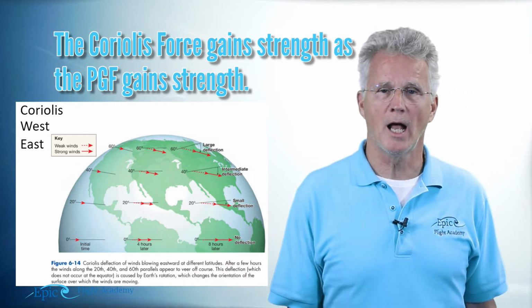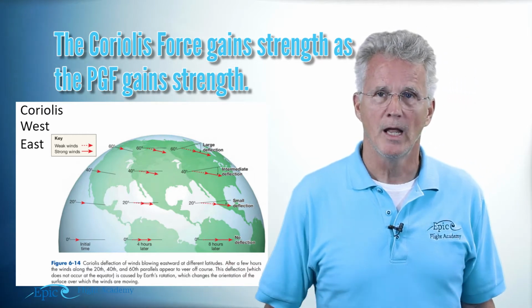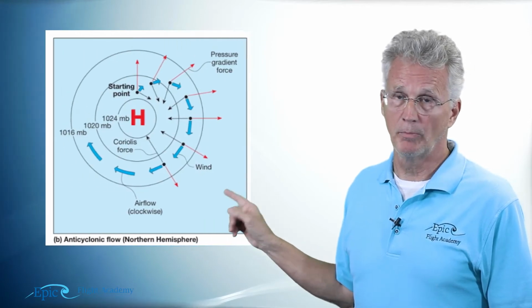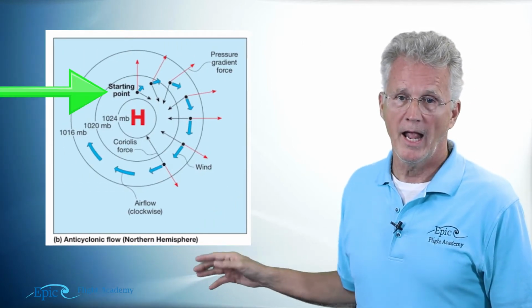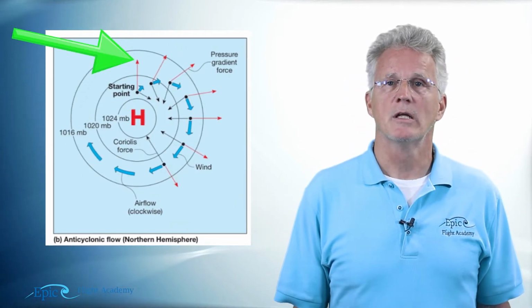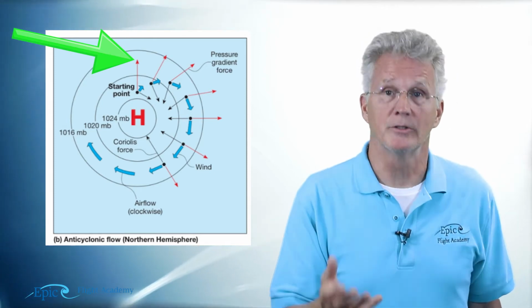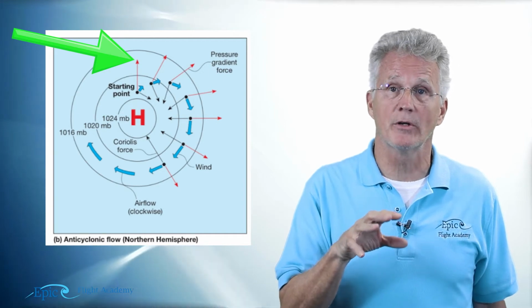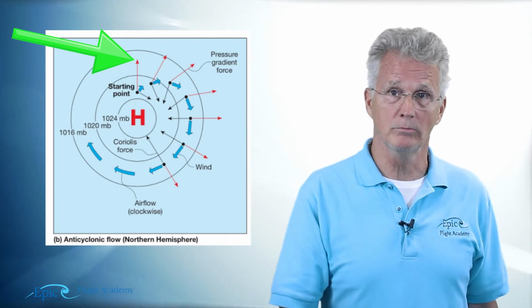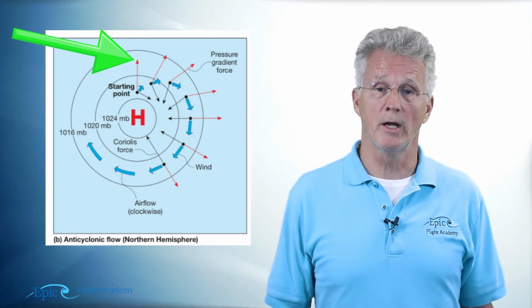So we're showing our high pressure system, and you see where it says starting point, and the red line is nature's normal action to take that atmospheric air from high toward low. That's the pressure gradient force.